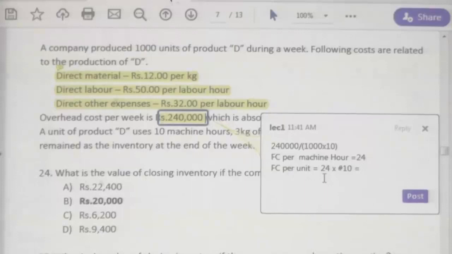Therefore, it is 240 rupees per unit. Here 240 rupees per unit is the fixed cost, 200 is the marginal cost, totally 440, then into 100 units will be the value of the closing inventory at the end under the absorption costing method. That is the end of the first 25 questions. We will meet for the balance 25 questions in our next video.